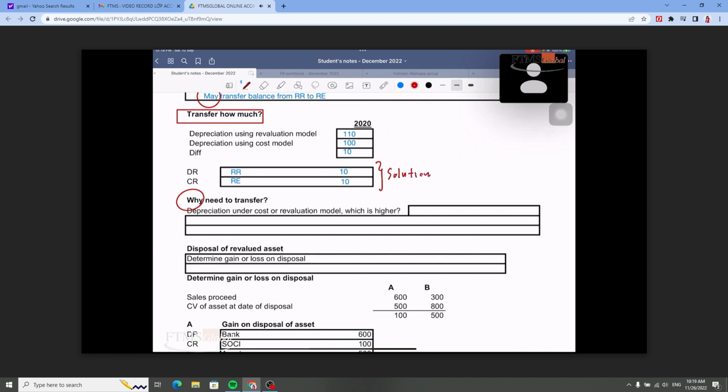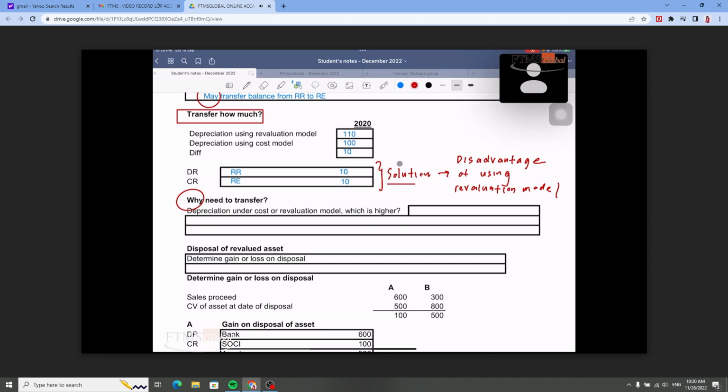It's a solution to the disadvantage of using revaluation model. So the reason why you pass this double entry is actually a solution. What solution? Solution of the disadvantage of using revaluation model.